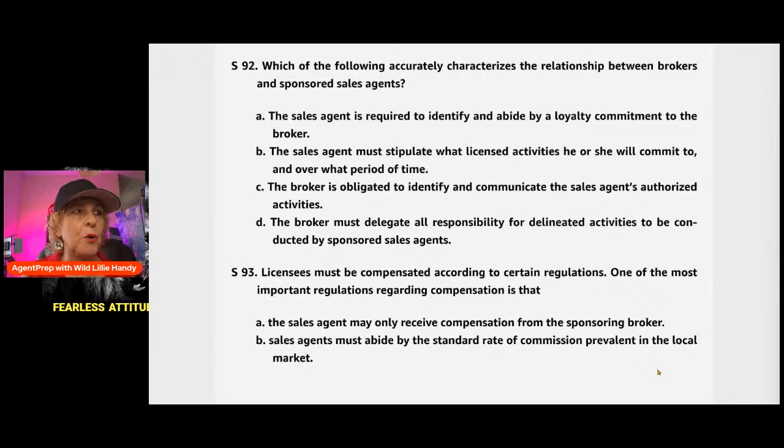Or D, the broker must delegate all responsibility for delineated activities to be conducted by sponsored sales agents. So it's asking which one accurately characterizes the relationship between broker and the sponsored sales agent, right? When you get your license, you're going to become a sponsored sales agent. So which one is a true statement of that relationship?